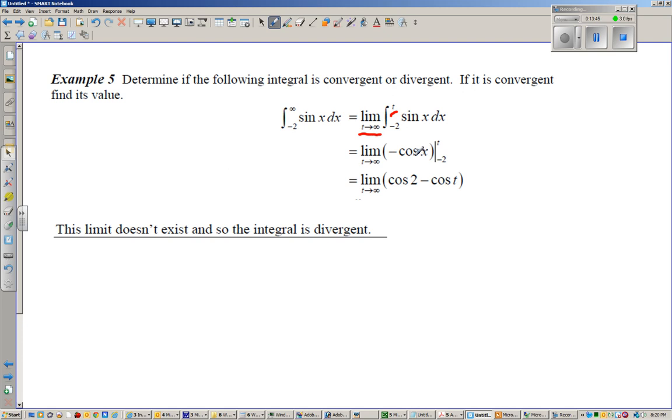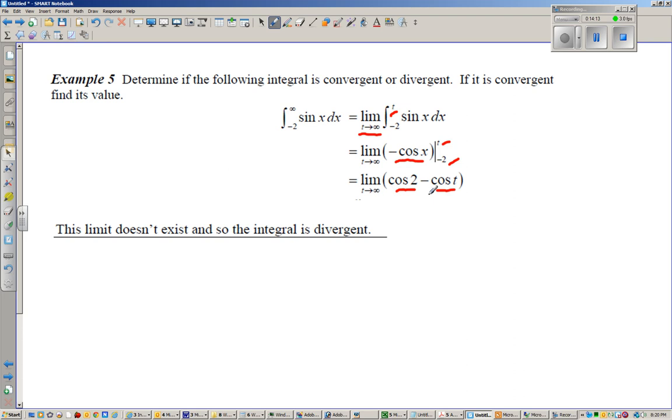Now we'll take the integral of sine, which is negative cosine, with our upper and lower limits respectively. Now I changed it around because it just seems to me to be cleaner to write it this way. Minus a minus will become plus, so I'll put the cosine of 2 first right away, and then I'll have the minus cosine of t.